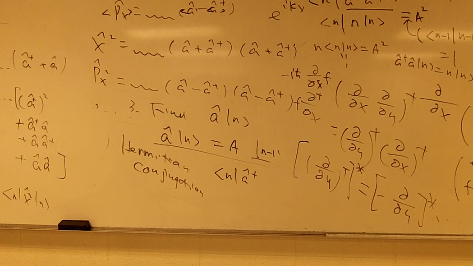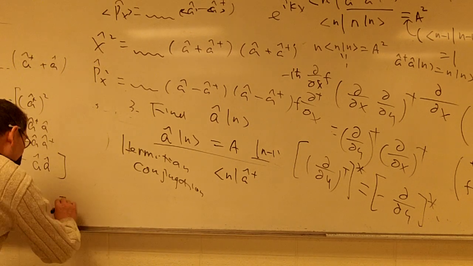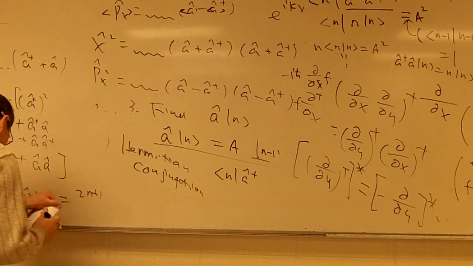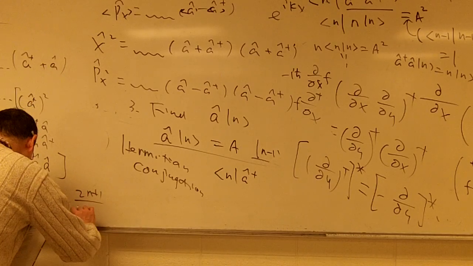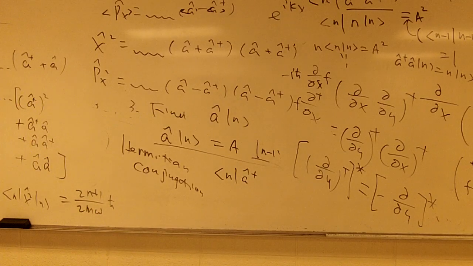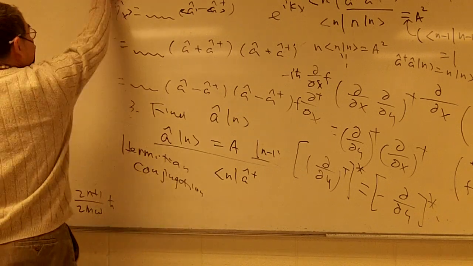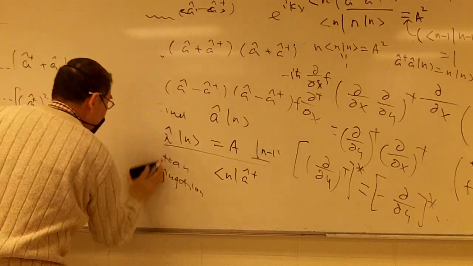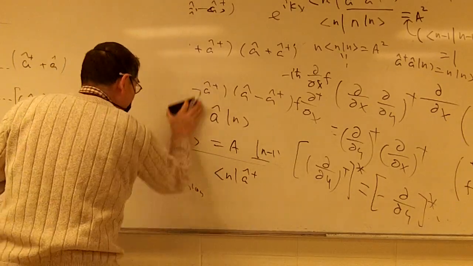When you do that, you will end up with this equation: 2n plus 1 divided by 2m omega h bar. This is the result for the square term. Now the x term itself is 0. If you calculate, you can imagine this is going to be 0.